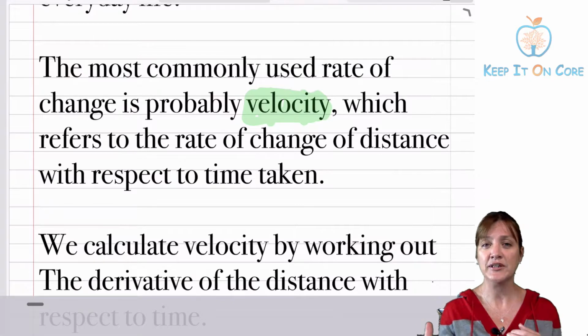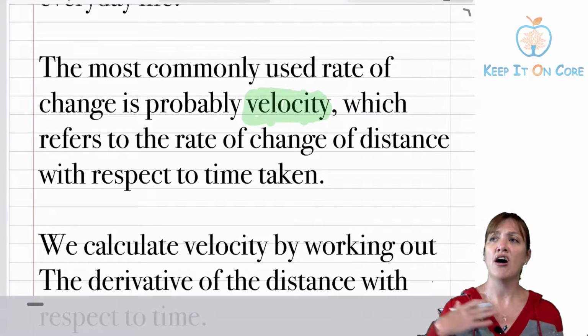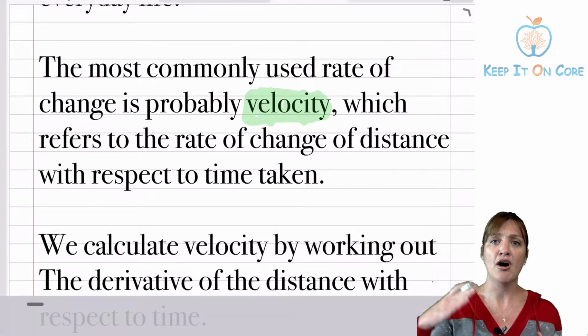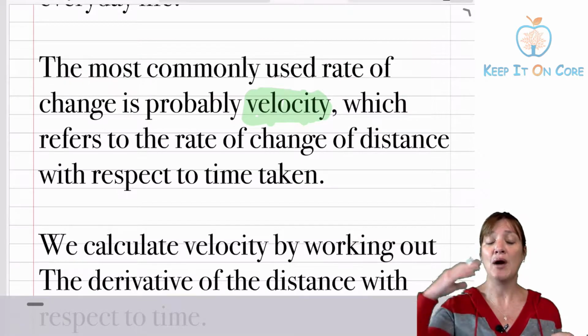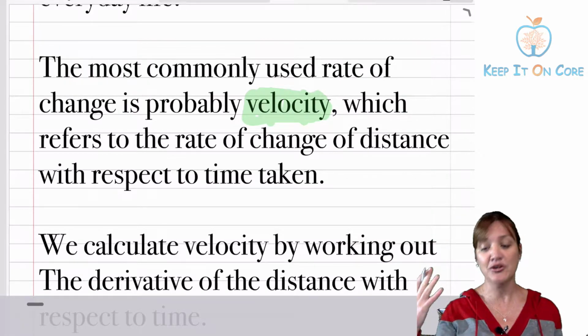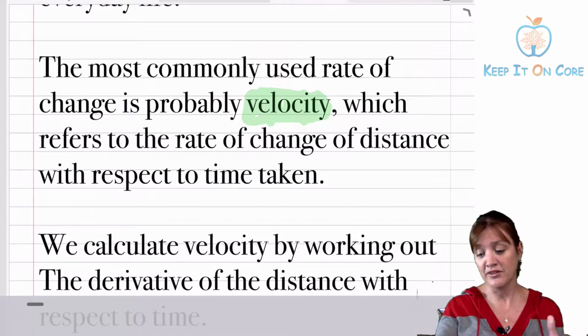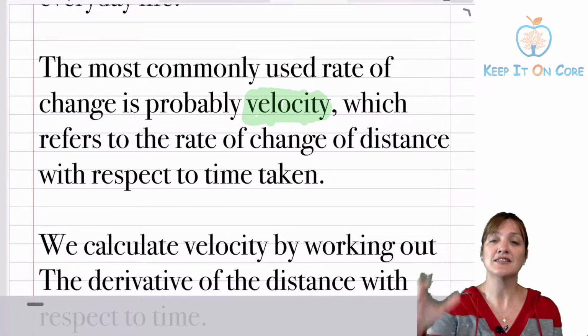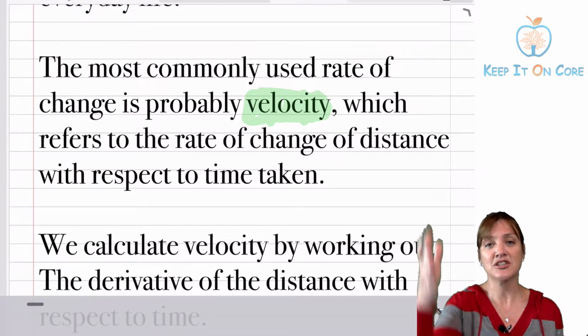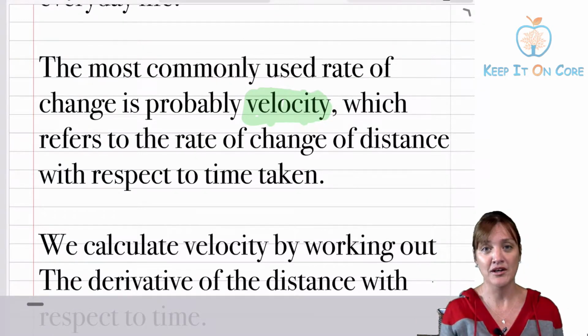If you have any question where they say the velocity of the rocket ship after 25 seconds, what we're saying is we're looking for the rate of change at a point. So you would use the derivative of the equation representing the rocket ship, work out the derivative, and then at one point, which would be 25 seconds, you'd work out its rate of change. So whenever you have to use velocity, you're going to use the derivative.